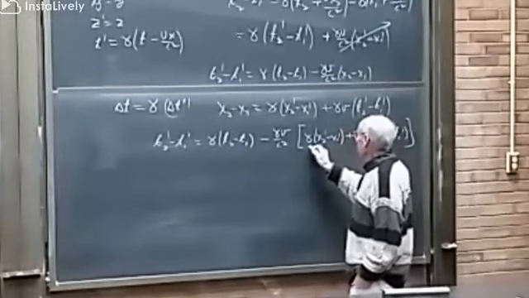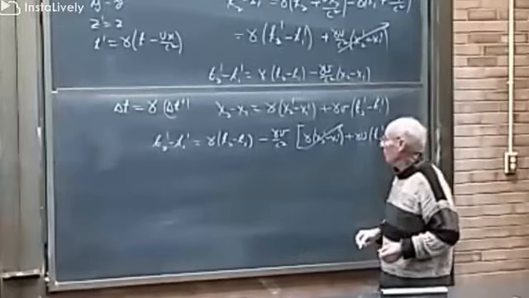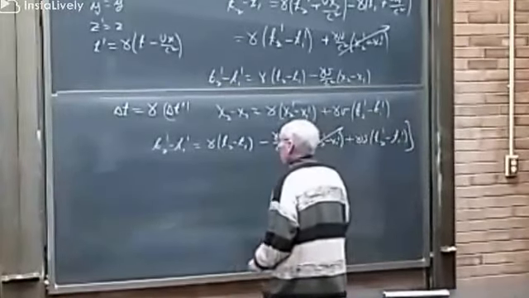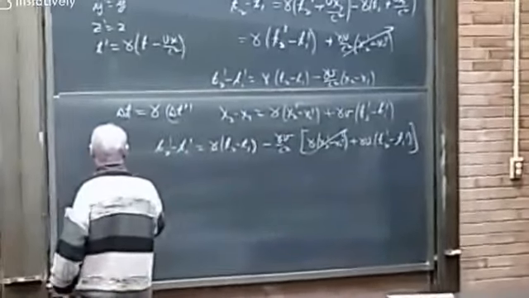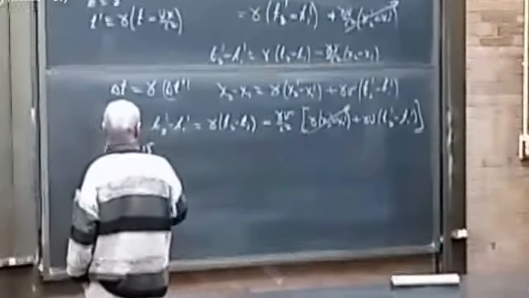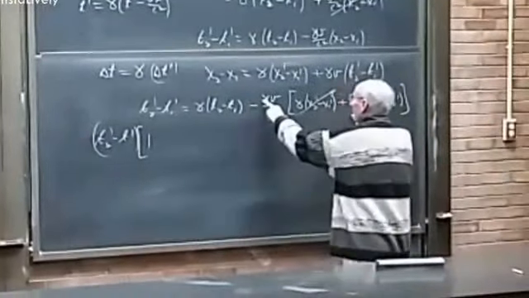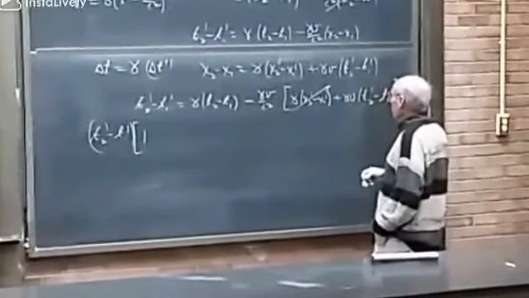Now, this is 0 because the clock is fixed in my system. And so now I get (t2 prime minus t1 prime) times 1. Now here I have gamma squared v squared over c squared.